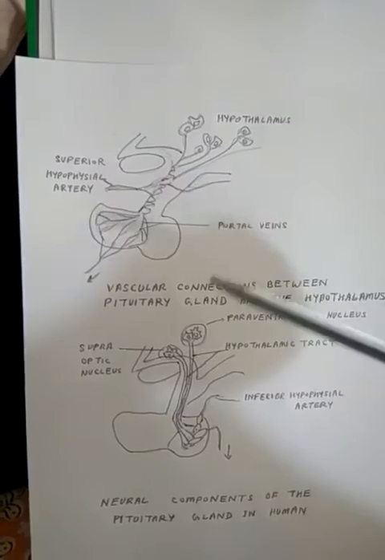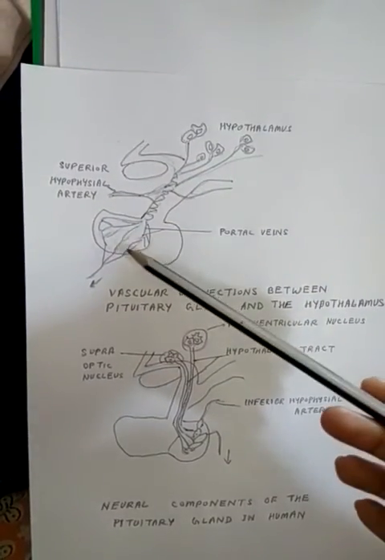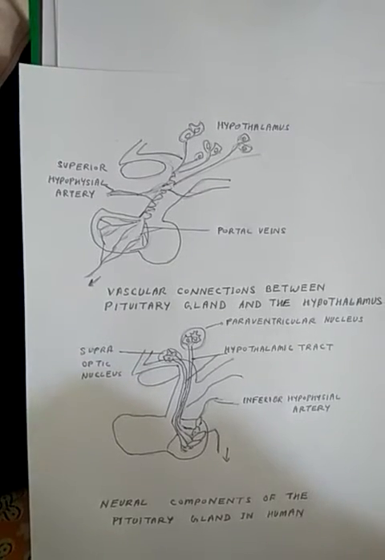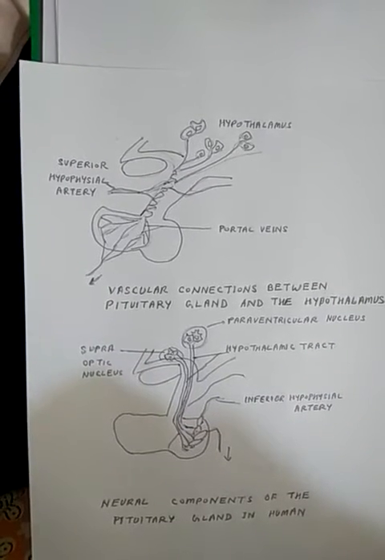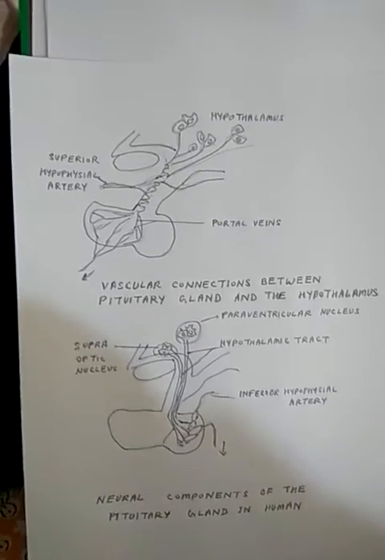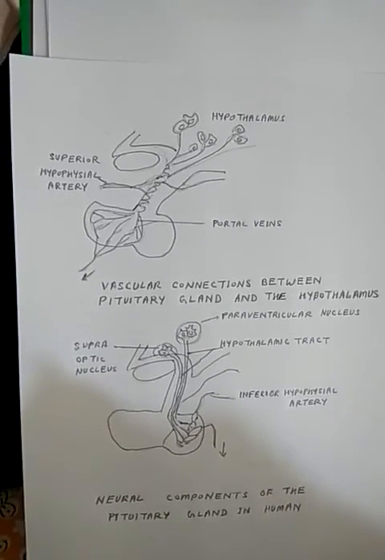The system through which the hypothalamus is connected to the pituitary, specifically the anterior pituitary, is called the hypophyseal portal system. So what is the hypophyseal portal system?